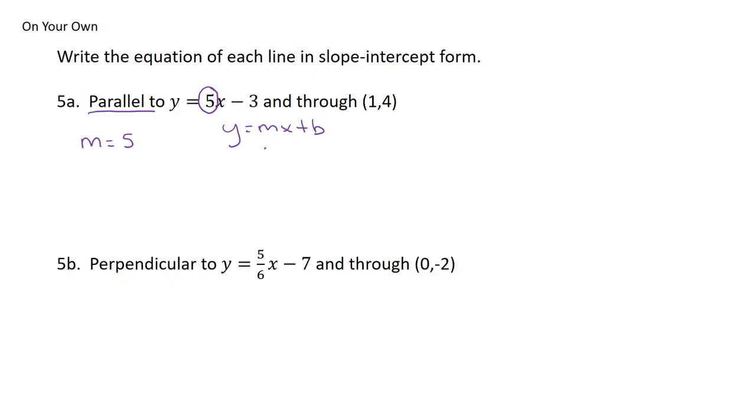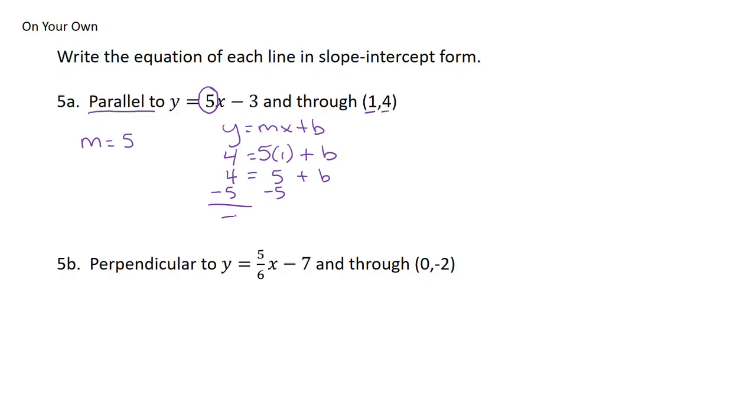So let's fill in what we know. We know m equals 5. We know that our x is 1, so 5 times 1, and our y is 4, plus b. So 5 times 1 is 5 plus b equals 4, and we want b to be by itself. So let's subtract 5 from both sides.